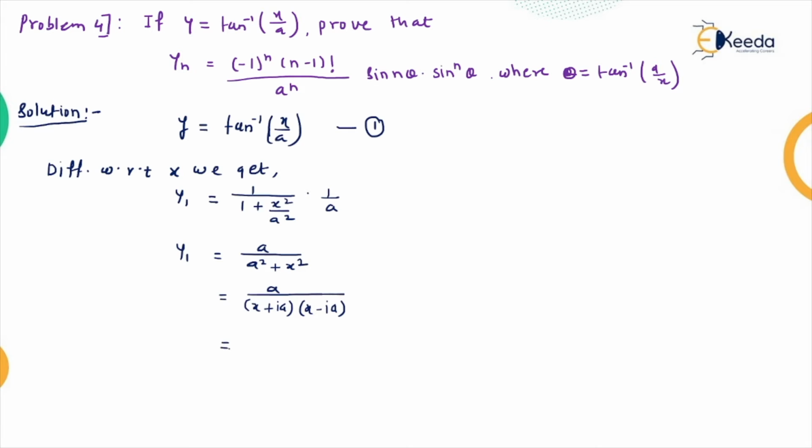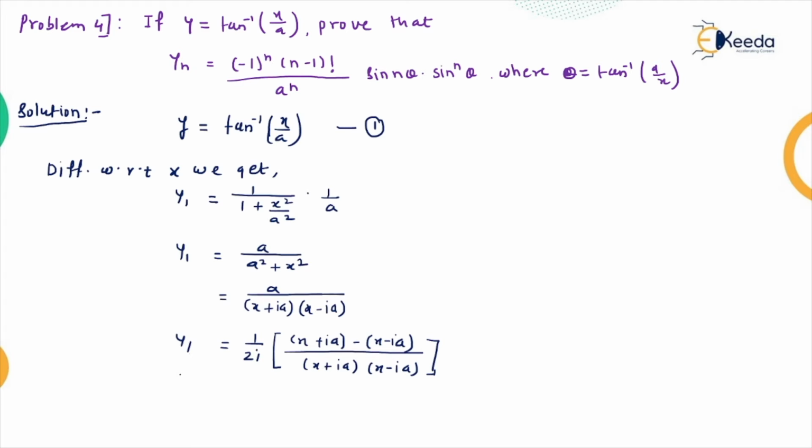Again we simplify this. This becomes 2i, that is x plus ia minus x minus ia, total divided by x plus ia into x minus ia. I am adjusting the denominator term in the numerator.